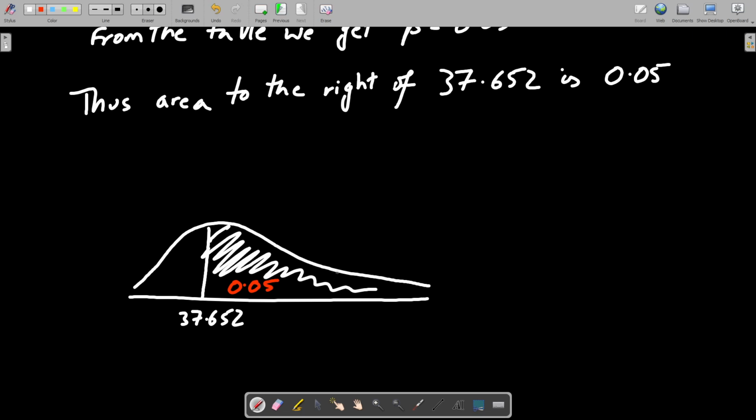Then I'm putting another point here, chi-square alpha, and I'm saying the area between 37.652 and this point is equal to 0.045. This area over here is 0.045.